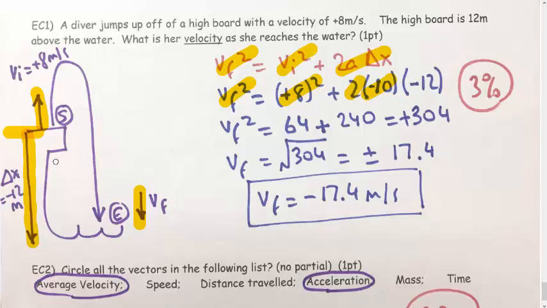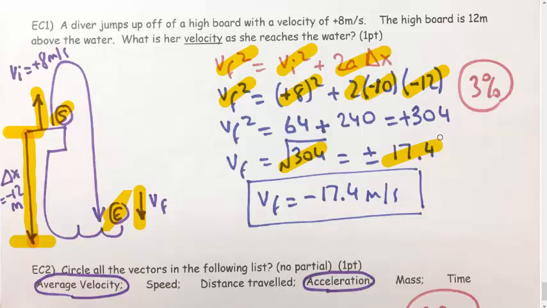And this is where people get caught out. The delta x is a vector, and it goes from the beginning, the start, to the end. And so it's not 12, it's minus 12. That's critical. So we have Vf squared equals 64 plus 240, which makes 304. So Vf equals the square root of 304, which is plus or minus 17.4 meters per second.